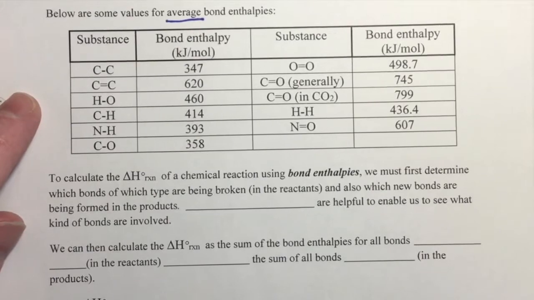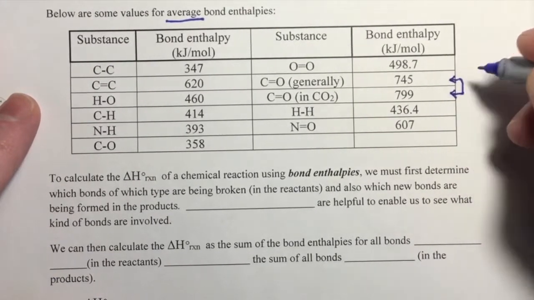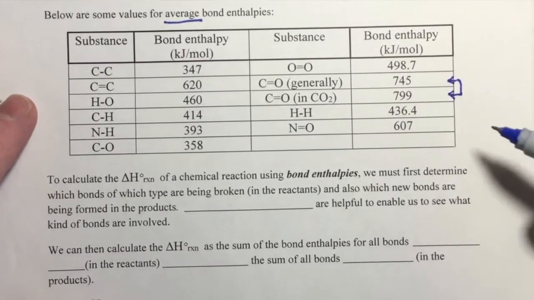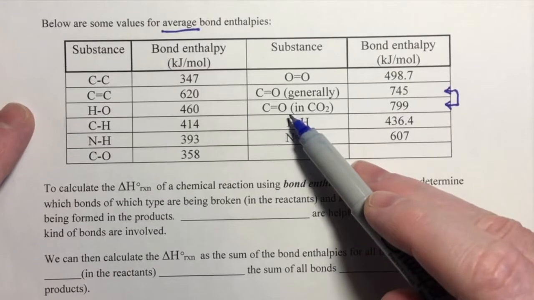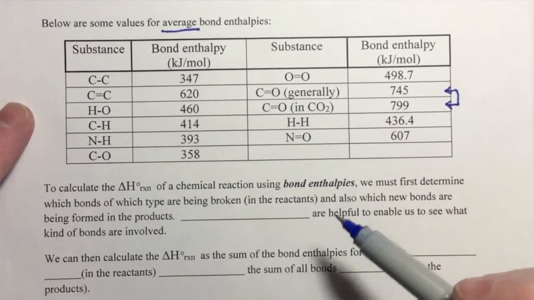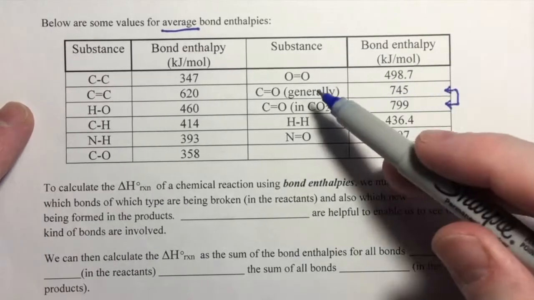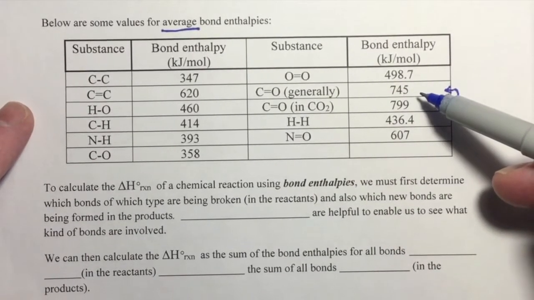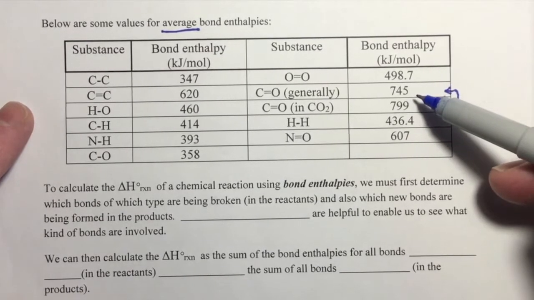One thing I will point out, there is one case where we have to be particularly careful about where we find the type of bond, and it's a carbon-oxygen double bond. The average usually for that type of bond is about 745 kilojoules per mole of those bonds that we break.